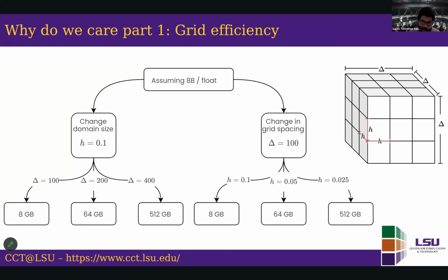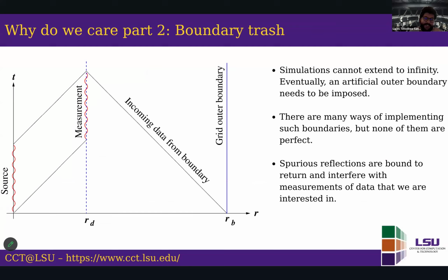And the reason number two why we care about this is boundary trash, right? So our simulations do not extend to infinity, and eventually you have to say, okay, this is the end of my simulation domain, and I have to do something about this artificial numerical boundary that I am creating that simulates the far away.